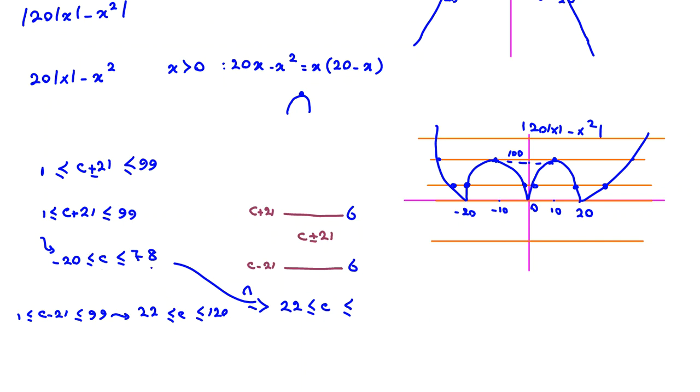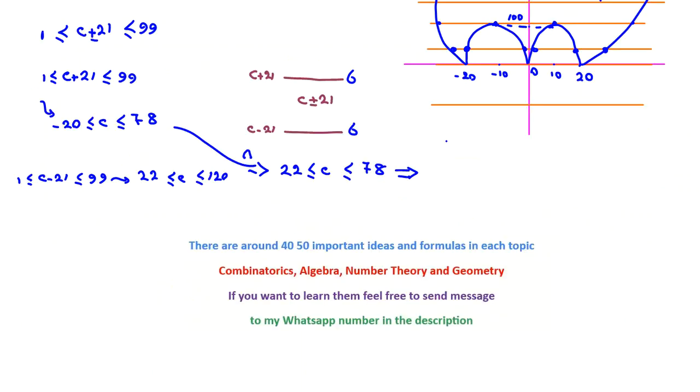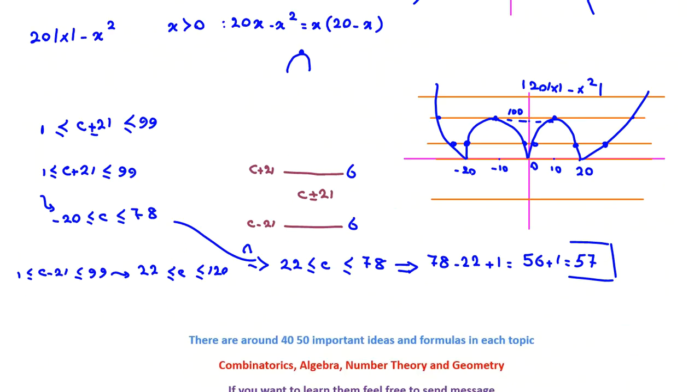And for the upper part, less than or equal to 78 or 120, C should satisfy both of them. So 78. Okay, so the number of solutions will be last one minus first one plus 1, which will be 56 plus 1, 57. So there are 57 values for C, and our answer is 57.